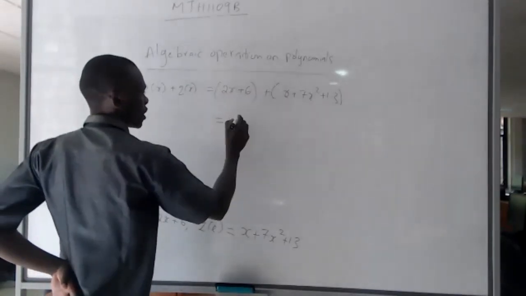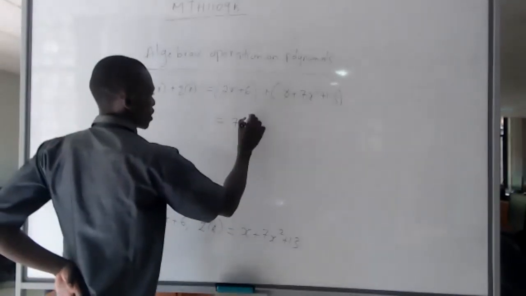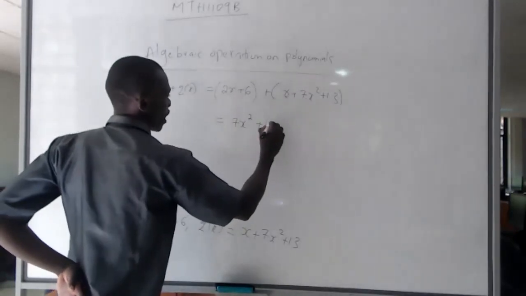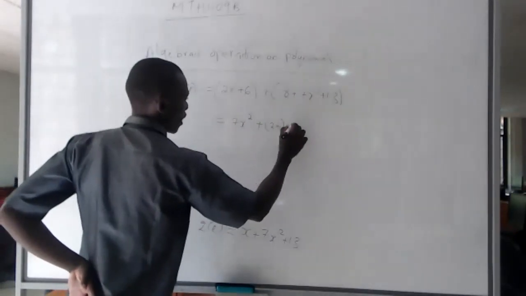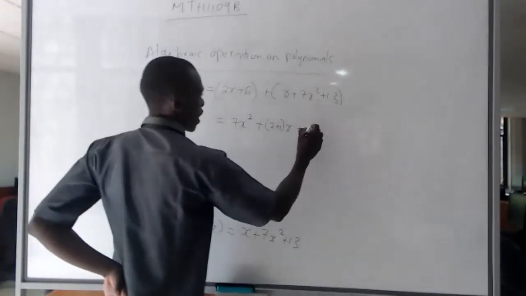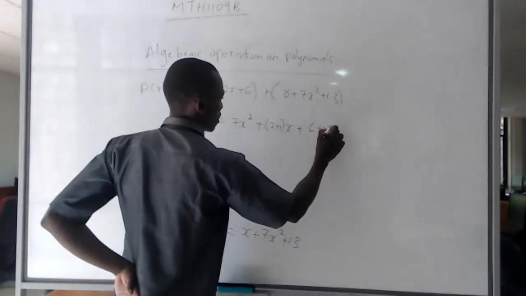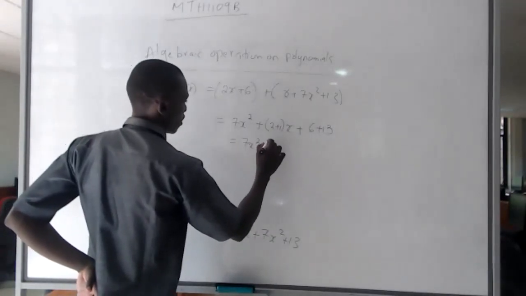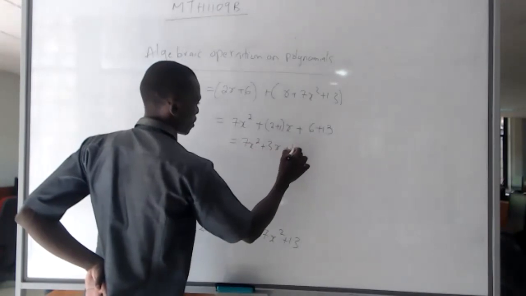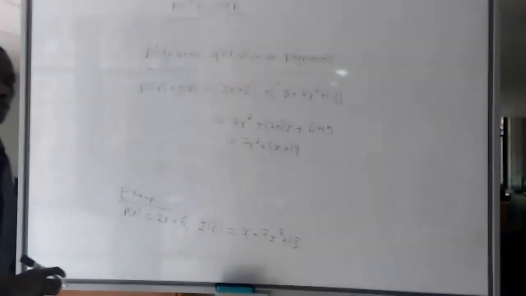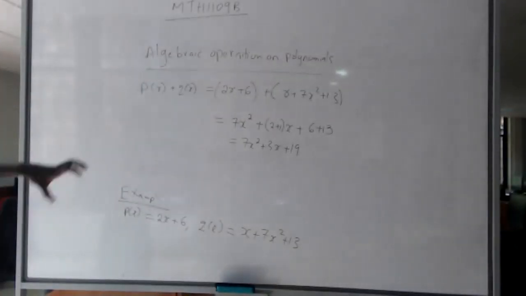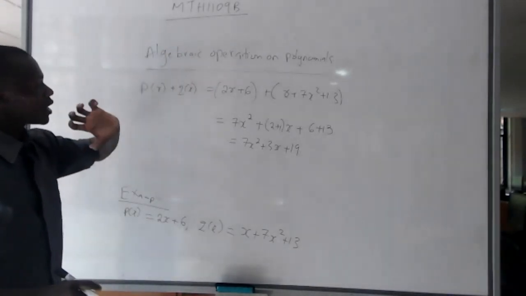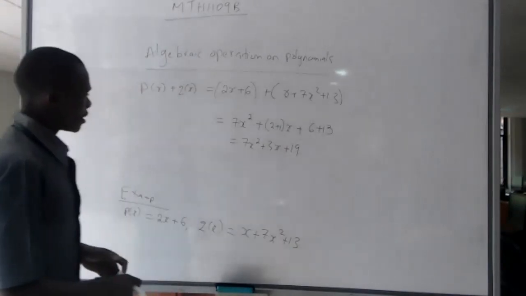I only have an x squared that side, so I have 7x squared, plus there's an x, so I'll have 2 plus 1 x, plus the constant, guys, 6 plus 13. This gives me 7x squared plus 3x plus 19. Very simple. Just identify coefficients of terms that have the same exponent and add.